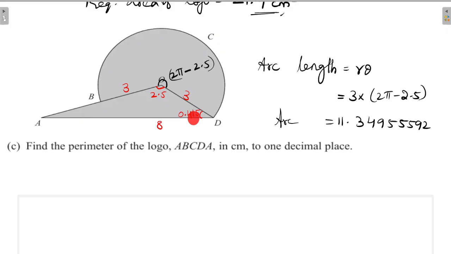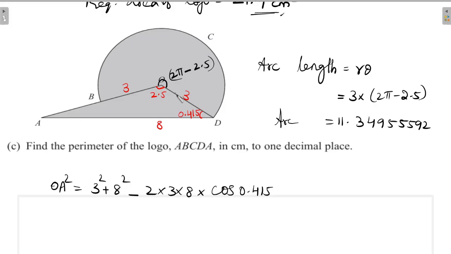Let's find the unknown side OA squared. OA squared equals 3 squared plus 8 squared minus 2 times 3 times 8 times cos 0.415. This is the cosine rule.